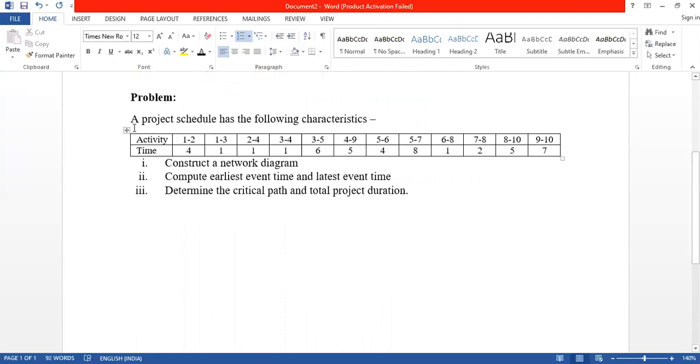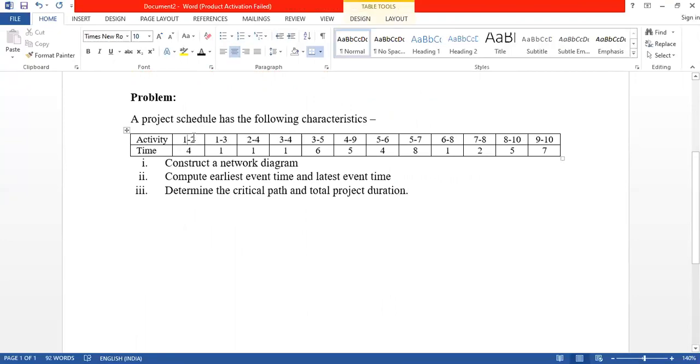See, we have been given a project schedule in which activities have been given. So we have 1, 2, 3, 4, 5, 6, 7, 8, 9, 10 activities, and for each activity, we have got 10 events rather. These are our events. Remember, in network diagram also we have seen this kind of information.